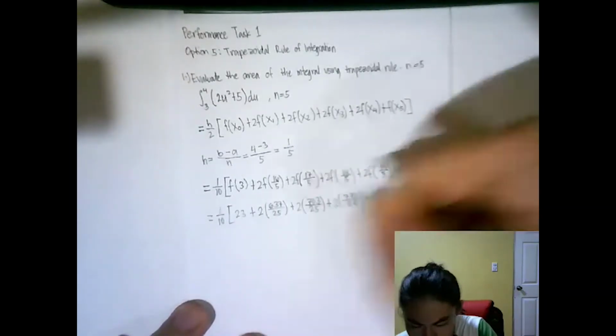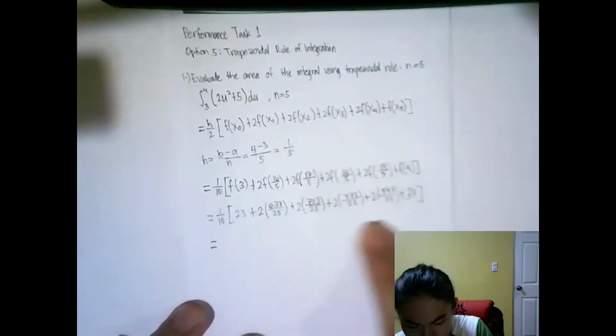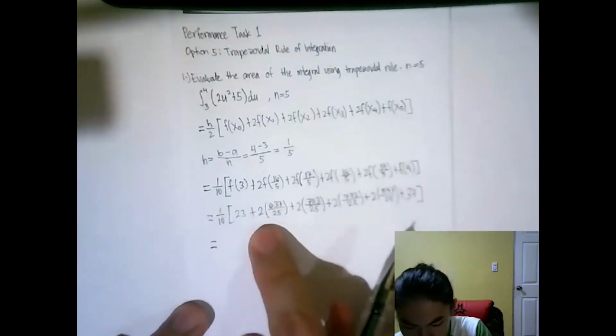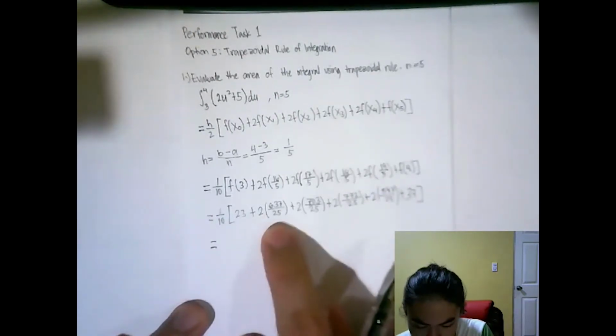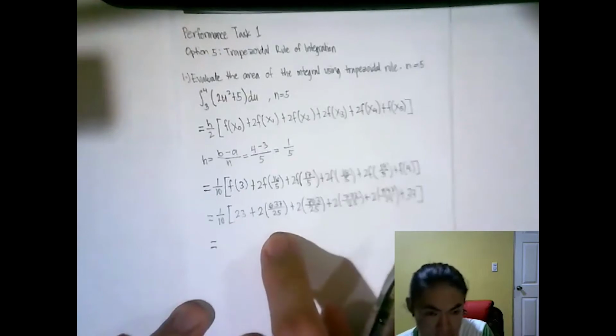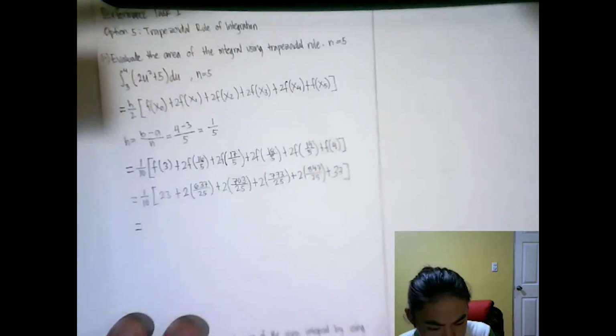Substituting here is makakuha tayo ng value na 37. So now, all that's left to do is to add all this up. Pero wag natin kakalimutan na i-multiply sa 2 ang merong 2 sa unahan nila.